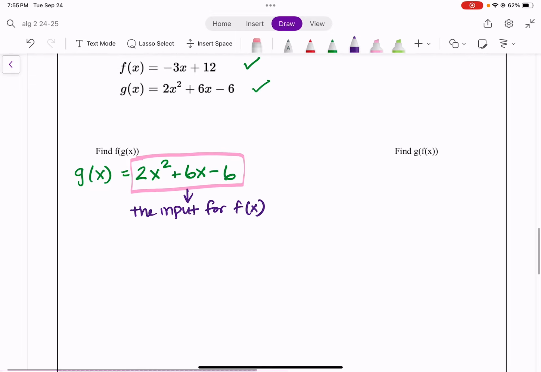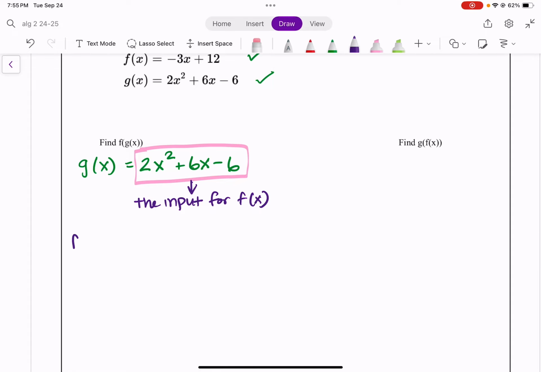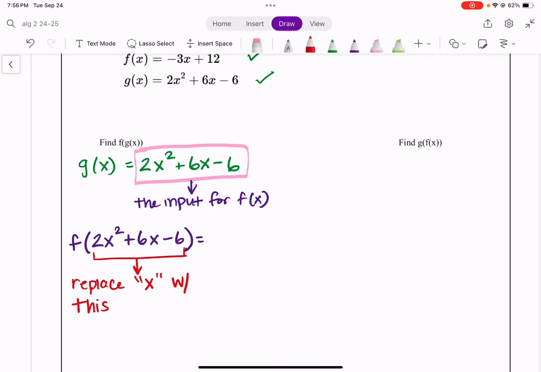Essentially, instead of writing f of x, I'm going to write f of 2x squared plus 6x minus 6. So what this means is every time I see an x in f of x, I'm going to replace it with this.